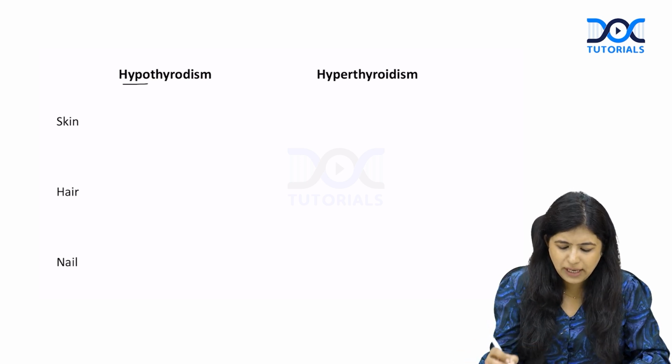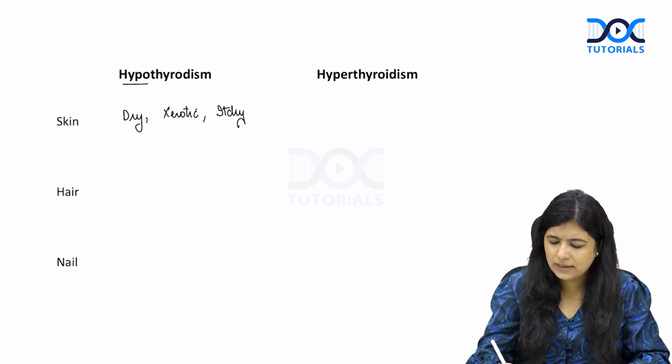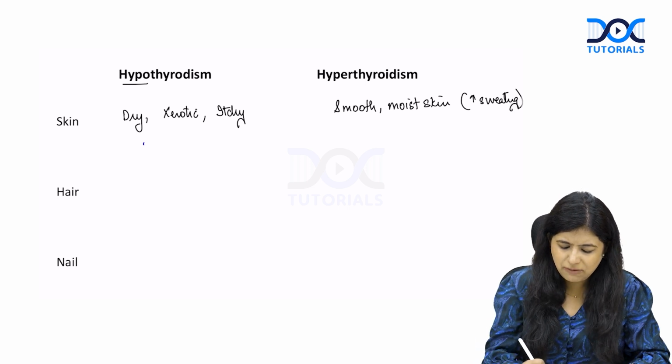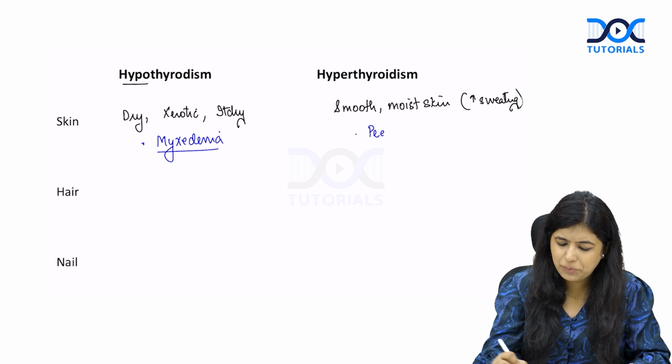In hypothyroidism, the skin becomes dry, xerotic, and itchy, while in hyperthyroidism it is a smooth, moist skin because of increased sweating.